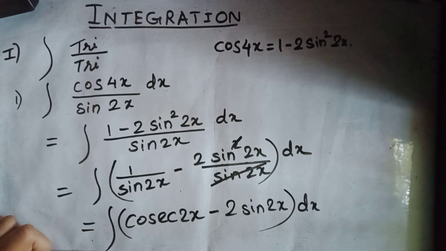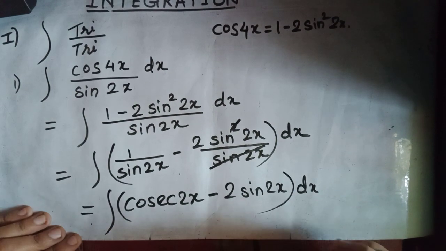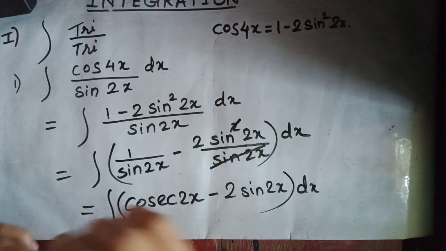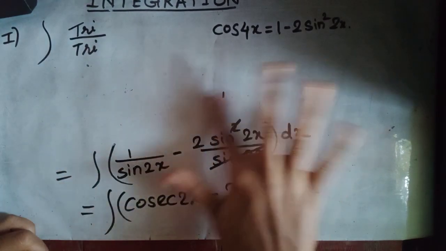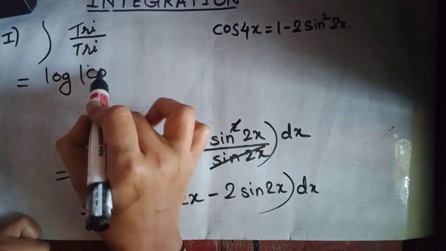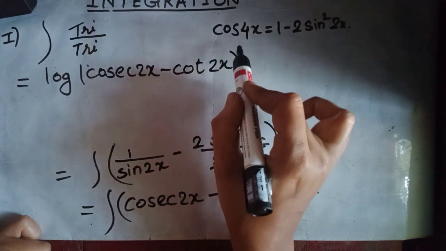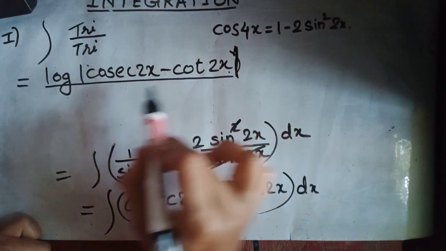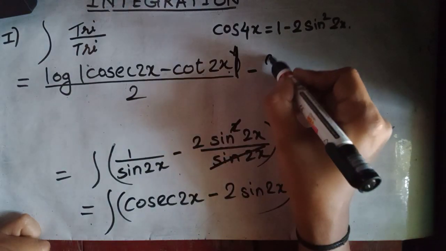Now you have to integrate. The integral of cosec 2x is log of (cosec 2x minus cot 2x), and the derivative of 2x, which is 2, in the denominator, minus 2 sin 2x. 2 is the constant.